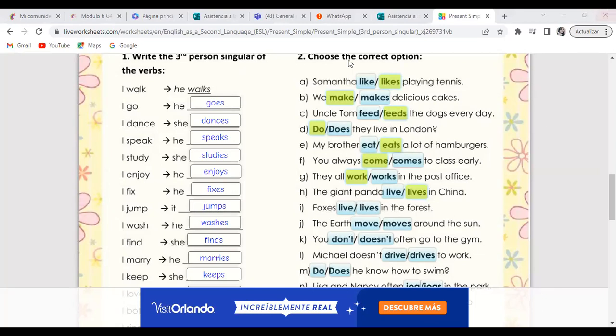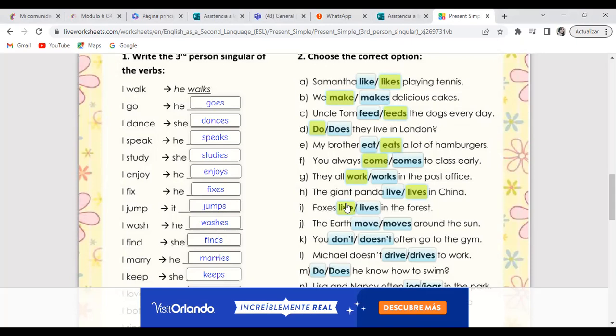In this case, estamos hablando en plural, chicos. Simplemente decimos foxes live. Foxes live. ¿Por qué? Porque no estoy hablando de una sola, sino estoy hablando de varias. Por eso digo live.